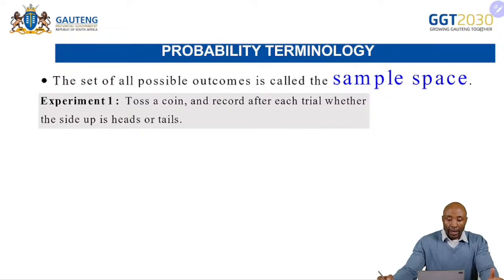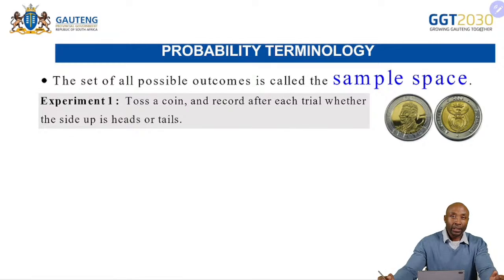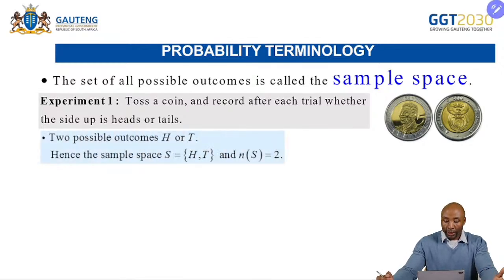And I will give an illustration using coin tossing. There is a coin, it has a head and tails. So we are saying there are two possible outcomes, head or tail. So for our sample space, we use set notation to represent our outcomes. And we count the number of outcomes in our sample space, there are 2. So that is the notation we use, the number in our sample space is 2.